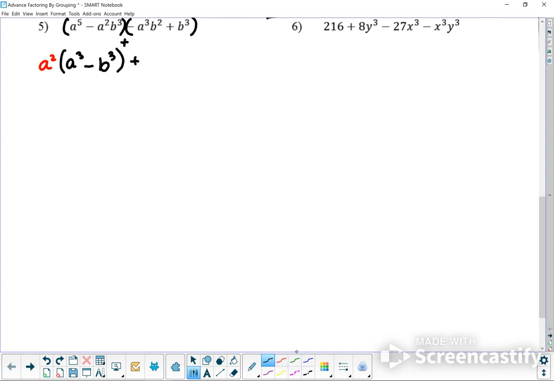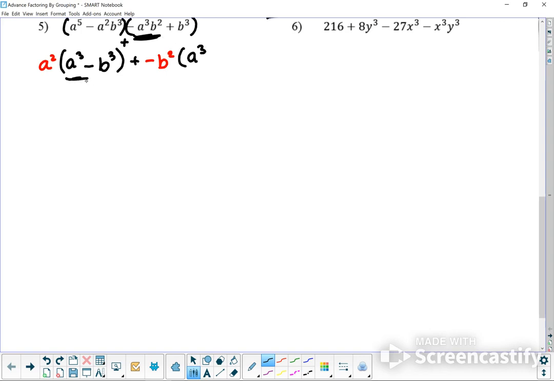Plus. Okay, and between these two, I'm going to factor out a negative b squared, because that's the most you can take out from both of these b's. So a negative divided by a negative is going to be positive, and you take out the b squared, you're going to be left with a to the third.